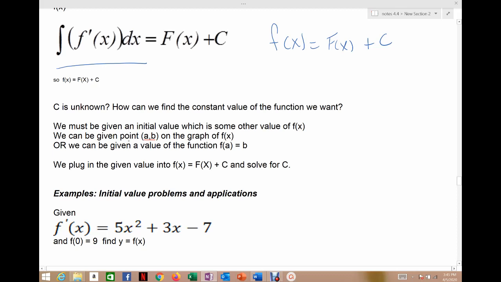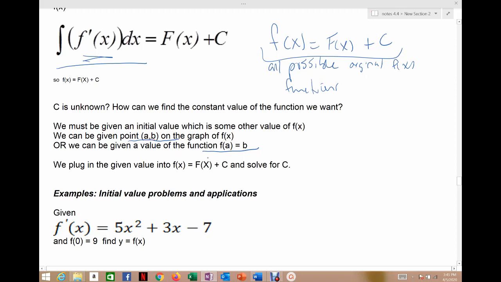It can be given either as a point, we know a point on my graph, or as a function value. Those are the same things, just different ways to give it. Function value f of a equals b is exactly the same as the point at x equals a, y equals b. So this is all possible original functions that have that derivative f prime of x.